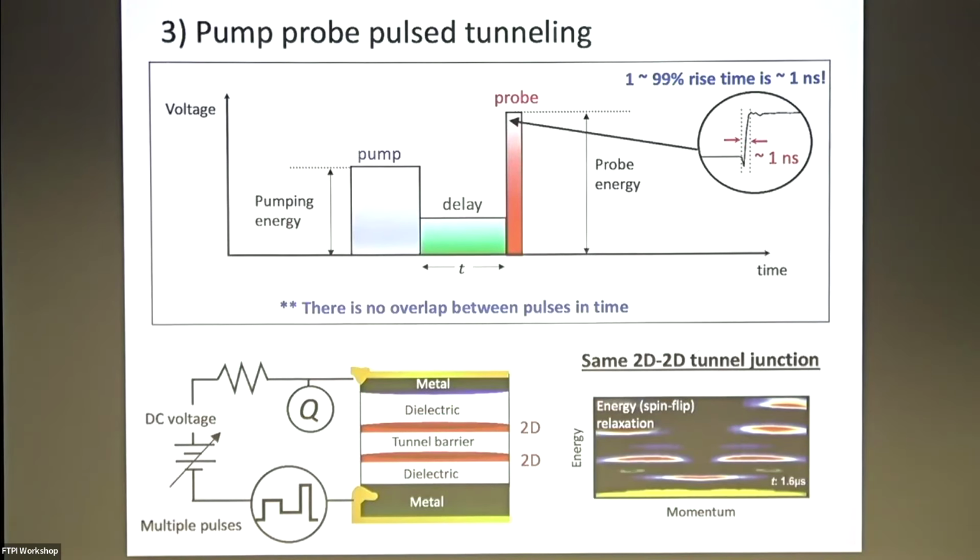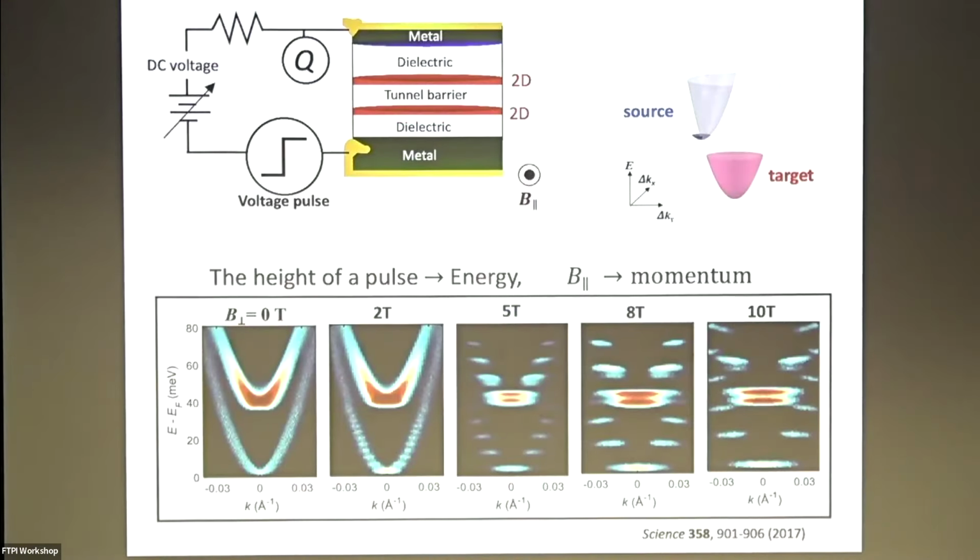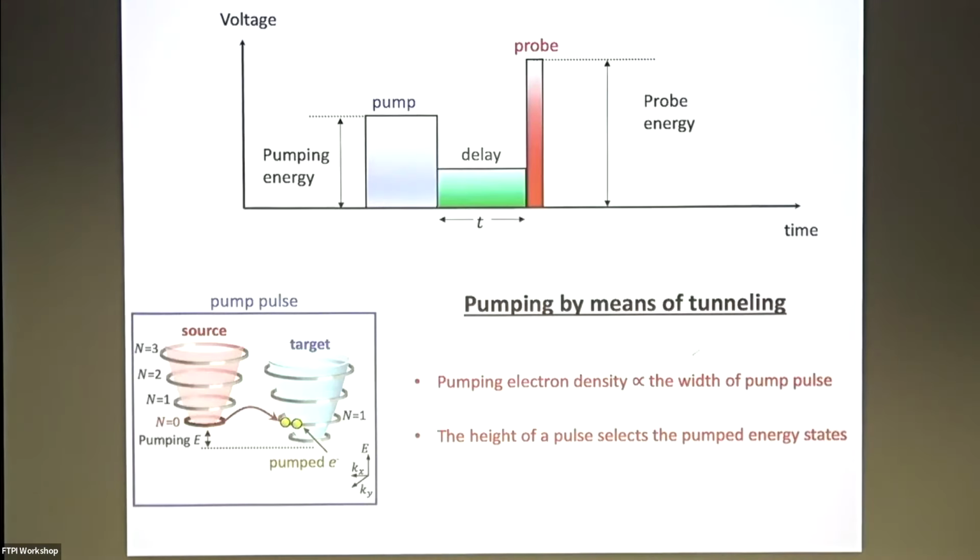What you'll notice is that this is the spectrum that I showed you before, but at small time delays there's this yellow feature. That yellow feature has to do with charge tunneling from the target back to the source. I'll show you how that works. In the pump, we're pumping from n=0 to n=1.